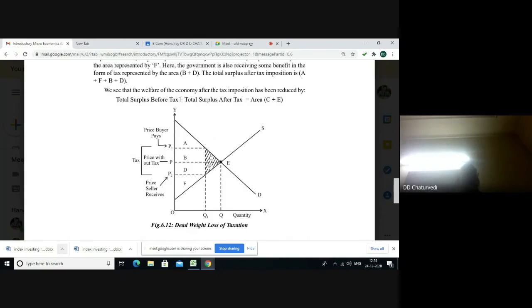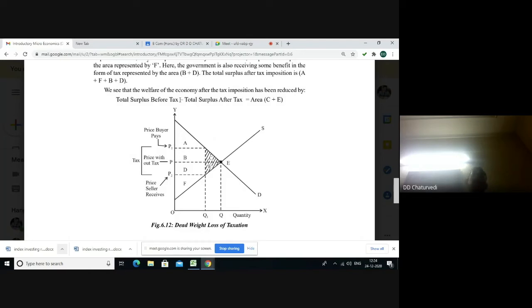Now suppose the government imposes the taxes. When the government imposes the taxes, the welfare of the economy gets reduced, because total surplus after imposition of tax will be A plus B plus D plus F. That is the sum of these four areas.